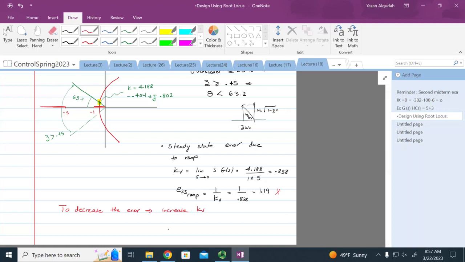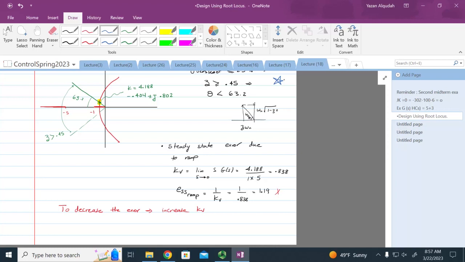Can I increase kV? Why can't I increase kV? kV is defined by that intersection point.